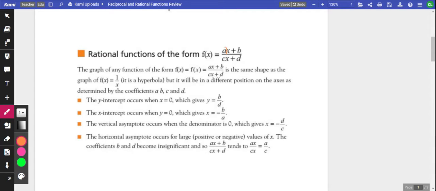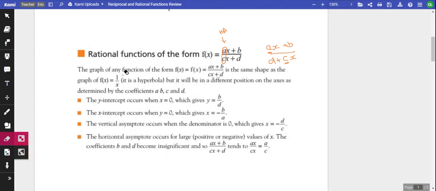So whatever these coefficients are, when we divide them, that becomes our horizontal asymptote. Remember, it might not be written in this order. It can be written as, say, like ax plus b over d plus cx, but you're always just looking for those values in front of the x's. If you can find those values, you can find your horizontal asymptote.